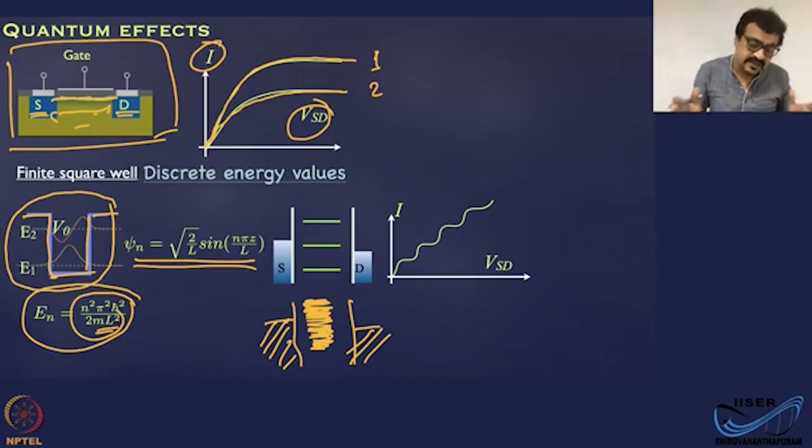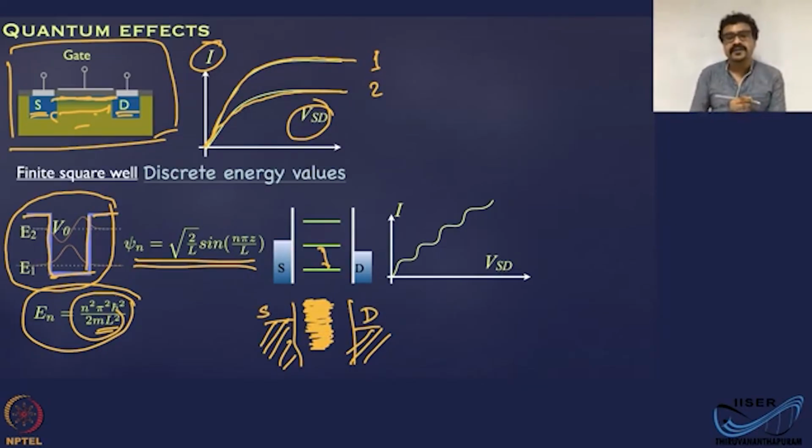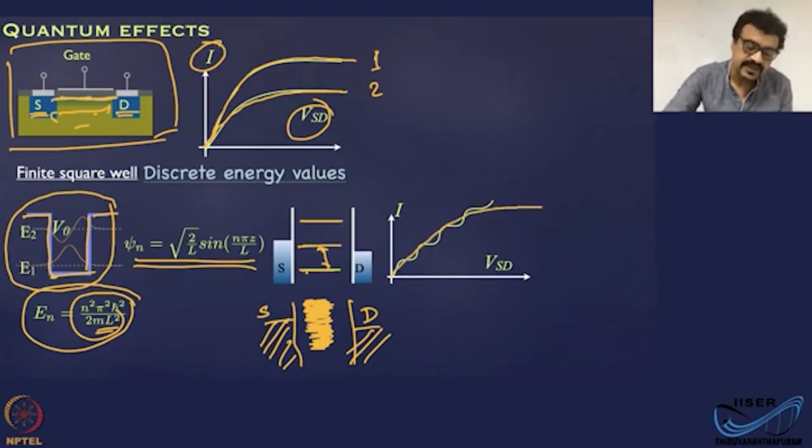So when you have a large L, the spacing between these levels will reduce and you will eventually get a continuum of states. This is source, this is drain. But the moment you reduce the size, what you are going to get is a discrete number of states. And when you have a discrete number of states and you try to apply a voltage and measure the current, that is your IV here, you may not get something like this, as you saw in the classical case.